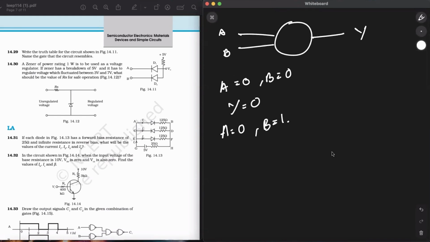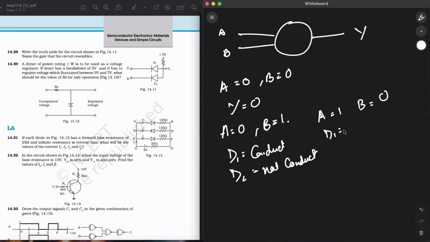Similarly, when A is equal to 1 and B is equal to 0, then D1 will not conduct, whereas D2 is going to conduct.